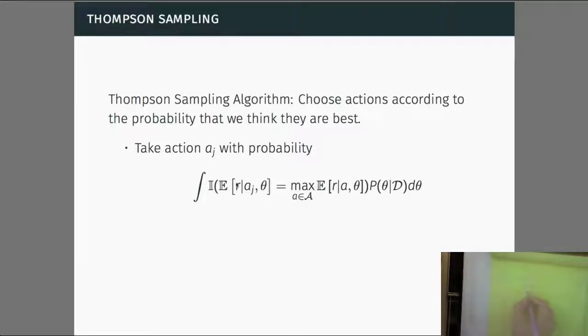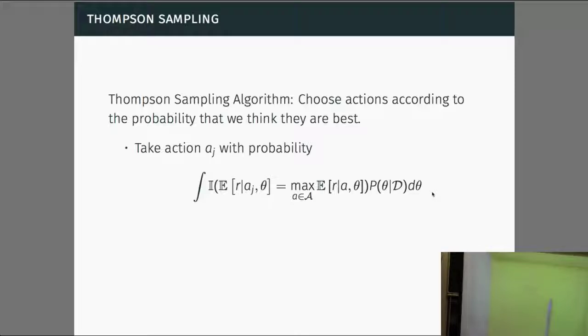This is the set of rewards, R sub j i. You have the rewards for all the actions, but the distribution for action j only depends on the samples we've collected for action j, because those are the only ones it depends on. Does that make sense? I'm going to make this more concrete in a second.